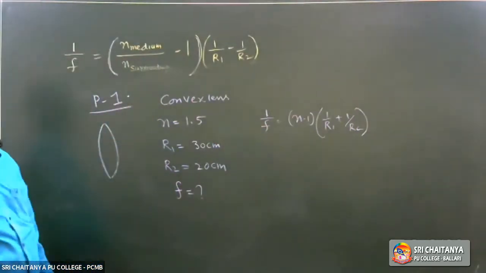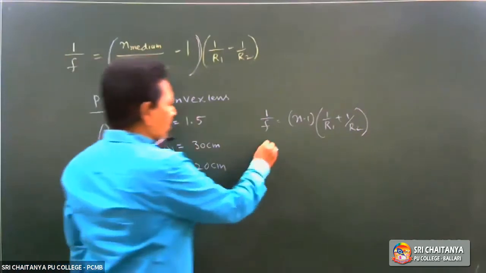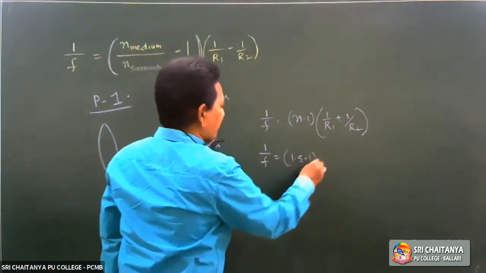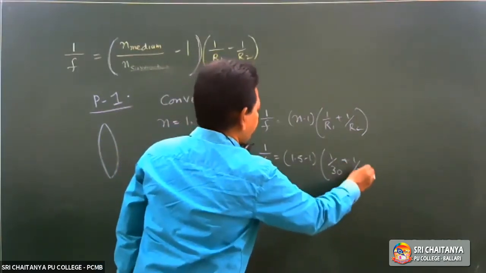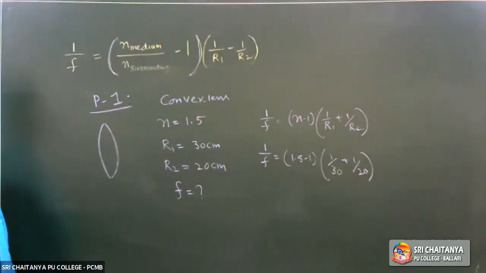This is my formula for convex lens. So 1 by F is equal to (1.5 minus 1) into (1 by 30 plus 1 by 20).